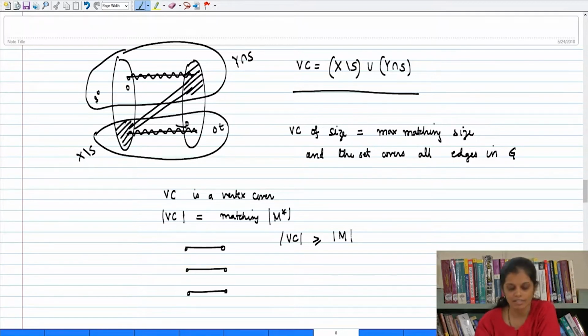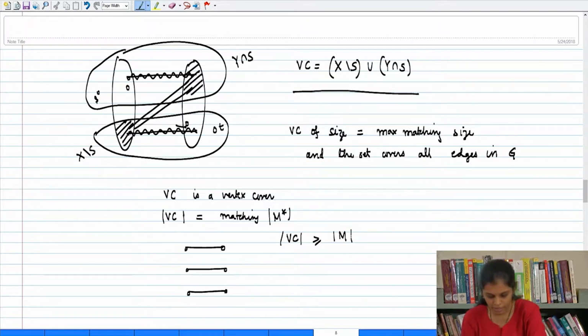And now we have shown a vertex cover which is exactly equal to the size of the maximum matching. So if you show a vertex cover which is equal to the size of any matching, then it suffices, right. So does everybody see that we have actually given a proof that it is both a vertex cover and a minimum vertex cover.